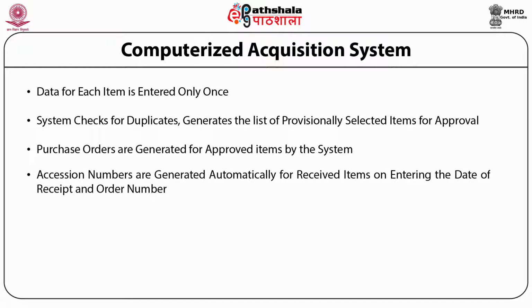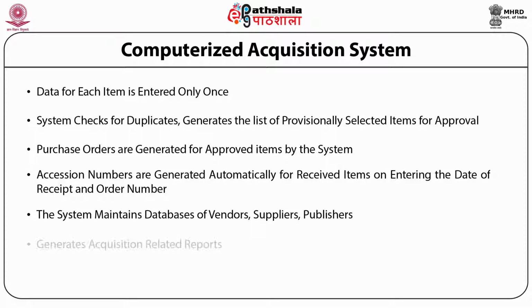Accession numbers are generated automatically for received items on entering the date of receipt and order number. The system maintains databases of vendors, suppliers, and publishers. The system generates acquisition related reports as and when required.